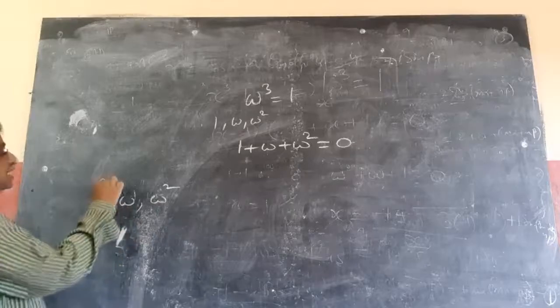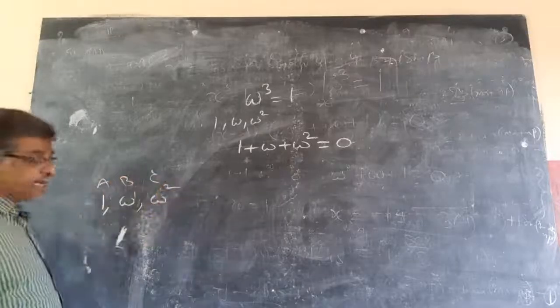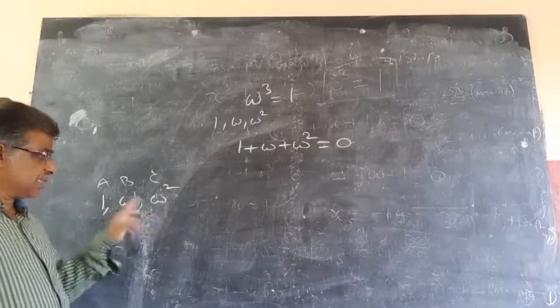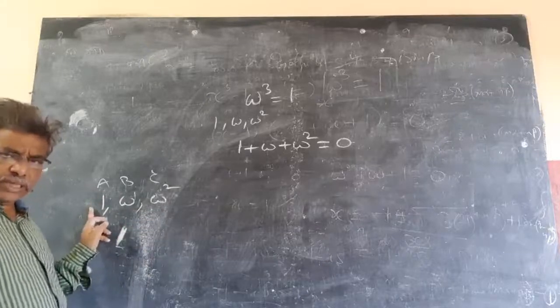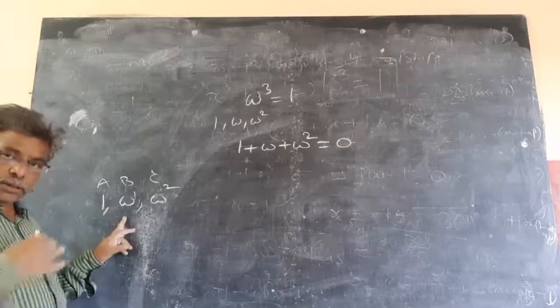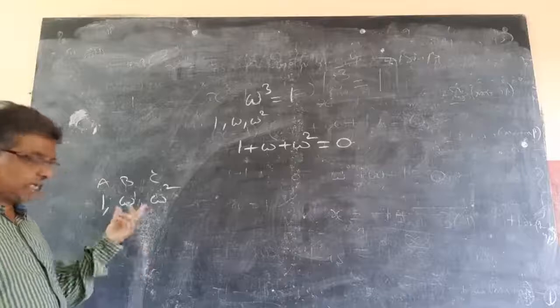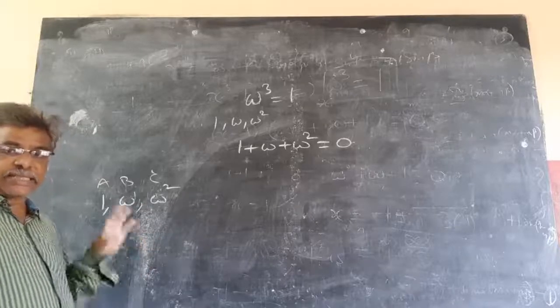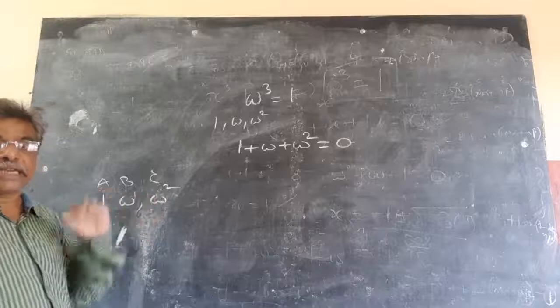If you take this A, this B, this C in the Argand plane, AB distance, BC distance, CA distance, you know how to find it using the modulus formula or using root of x1 minus x2 whole square, because it is dependent on the Argand plane. We already discussed. Find the distances. All the three distances AB, BC, CA are all equal.